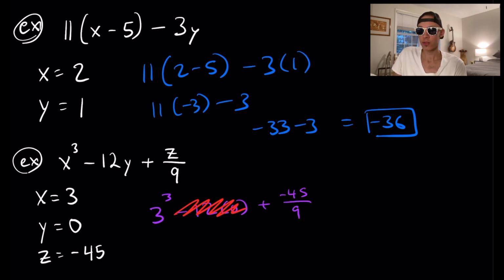And then 3 cubed, or 3 to the third power, is 3 times 3 times 3. So 3 times 3 is 9, and then 9 times 3 is 27. Plus negative 45 over 9. 45 over 9 is 5, but it's negative, so we're going to have plus a minus 5. Adding a negative is like subtracting a positive. 27 minus 5 is 22.